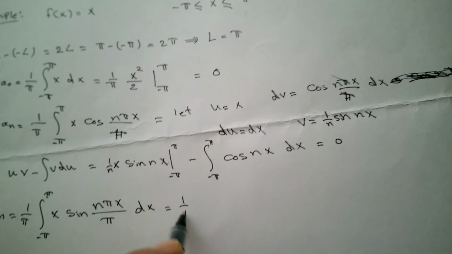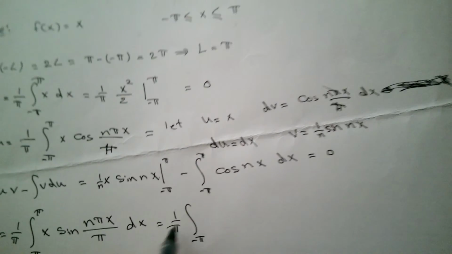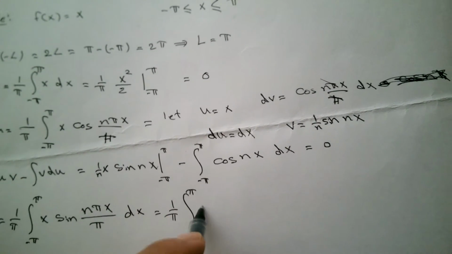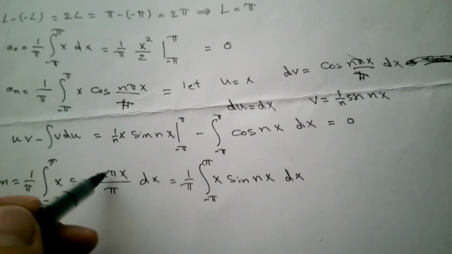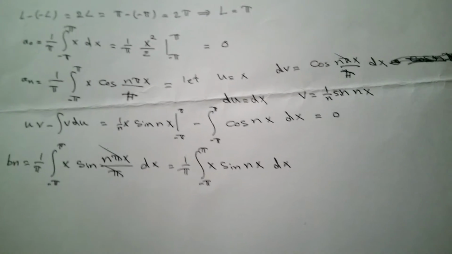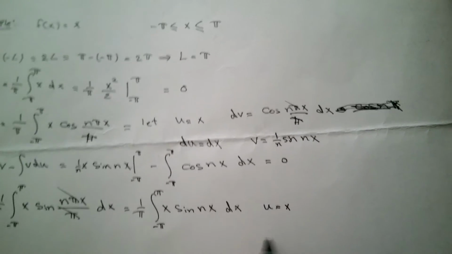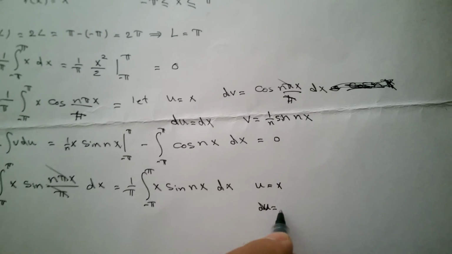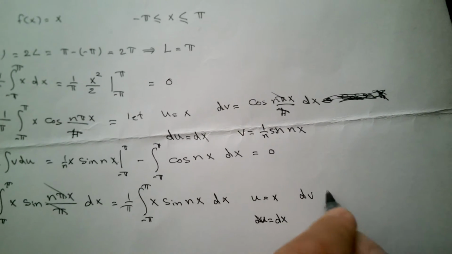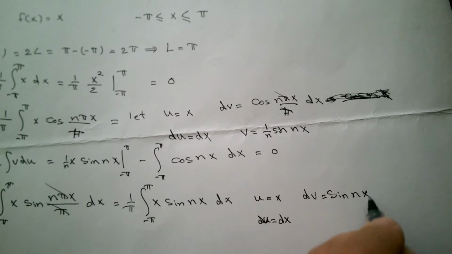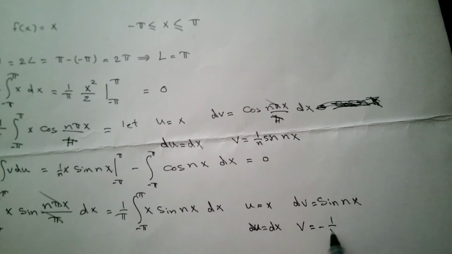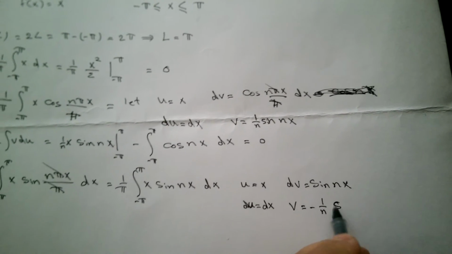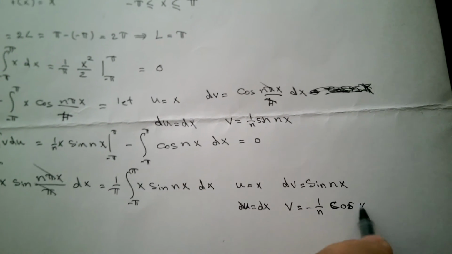This will be equal to 1 over pi integral from minus pi to pi of x sine of nx dx. So using u dv again, let u be equal to x, du is dx, dv equal to sine of nx, and v is equal to minus 1 over n cosine of nx.